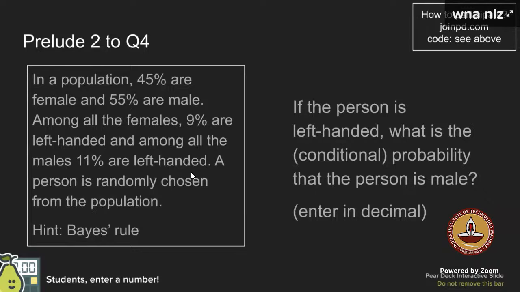Reverse what? The given condition here is that it is red, and the question is what is the probability it is shop A. You are saying it is from shop A, and given that, what is the probability it is red? No, the question has asked the probability of shop A given they are red.